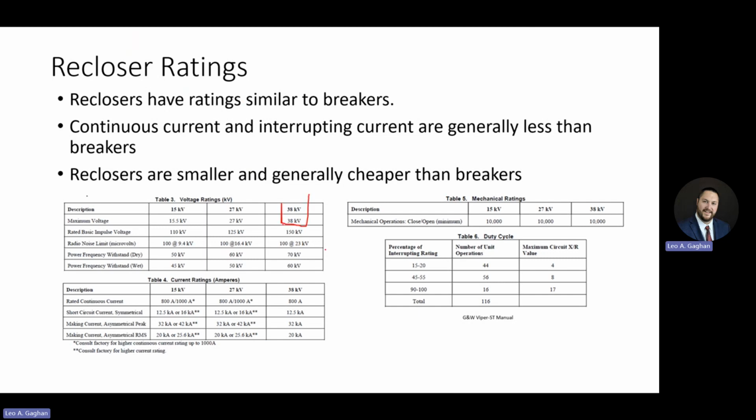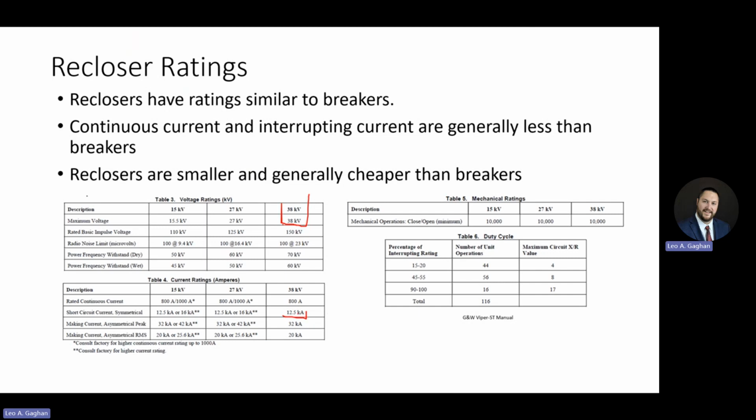That'd be good on maybe a 34 kV system. Maybe that 38 kV recloser can handle 800 amps continuously, but the most that it can interrupt under a short circuit situation is 12 kA.